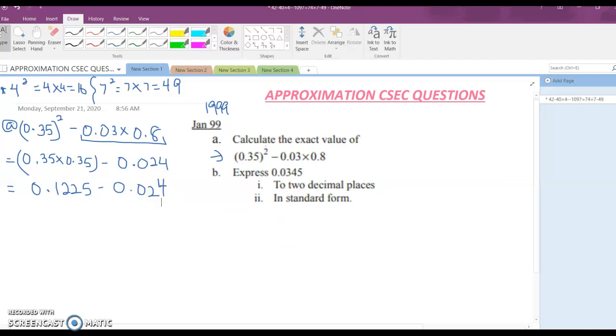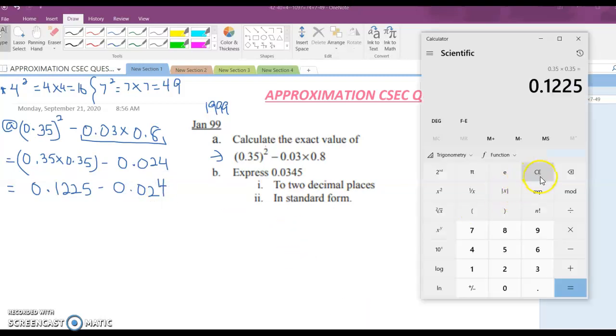0.024. Now, just to show you something, when you square a number, you could also use the squared option on the calculator, and it will give you that, right? And then from there, we're just going to say 0.1225 take away 0.024.